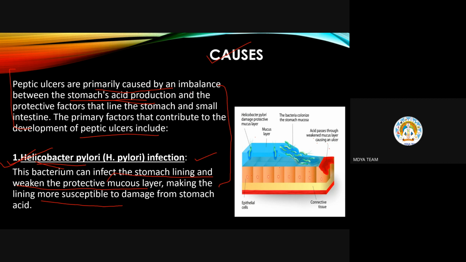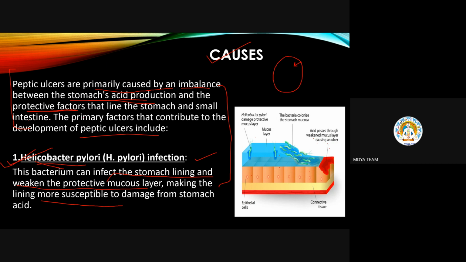Okay. So as I told you, what is the cause? If there is an imbalance between how much acid is produced by the stomach and the protective factors, where the protective factor here means the mucosal layer or mucus, that is, between how much mucus layer is there and how much acid is produced. If there is more acid production and fewer protective factors, then it can lead to the problem.